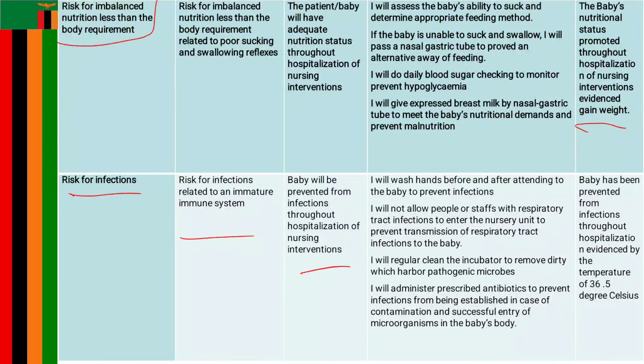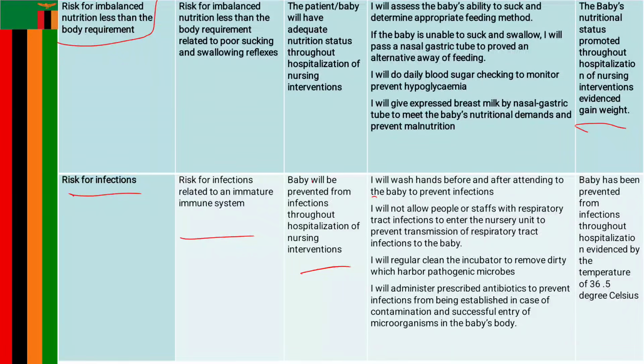Then in terms of intervention, you say I'll wash hands before and after attending to the baby to prevent infections. I will not allow people or staff with respiratory infections to enter the nursery to prevent transmission of respiratory tract infections to the baby. I will regularly clean the incubator to remove dirt which harbors pathogen microbes.